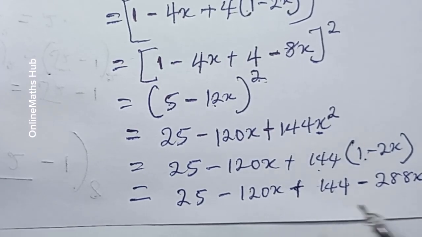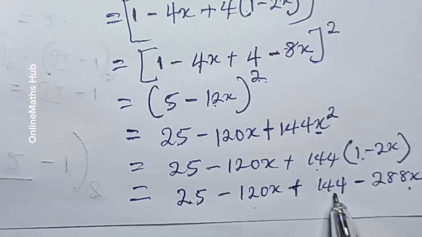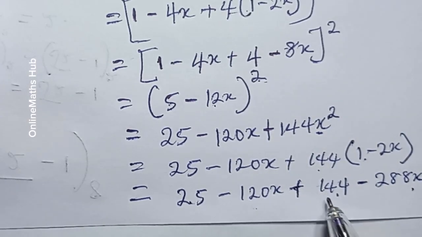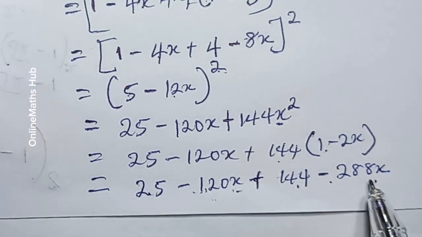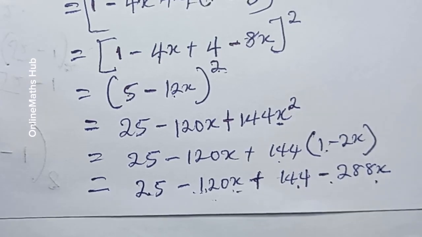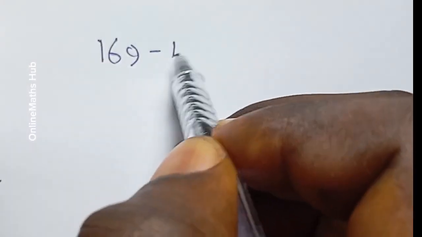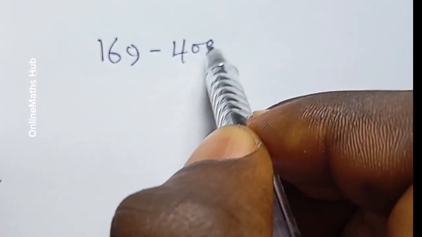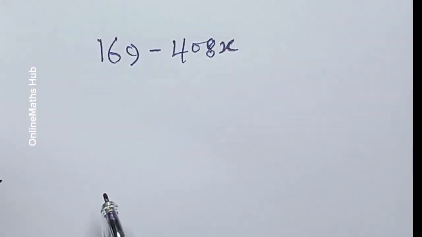Then of course I'm going to sum the terms that contain x right there. So 25 plus 144 will give me 169, and then minus 120x minus 288x will give me minus 408x. So what I'm going to be having is 169 minus 408x. So this is what I have at this point.